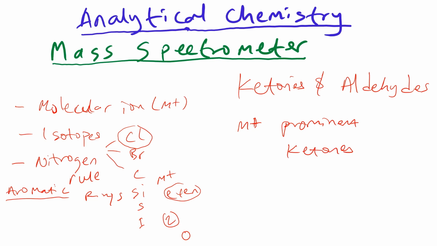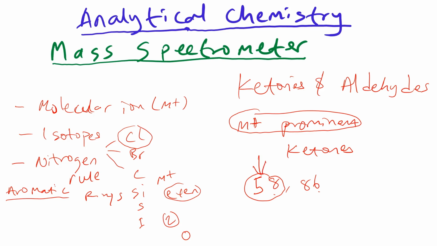They usually have a base peak or peaks at 58 and 86, but mostly the peak at 58 is a giveaway that the compound is either a ketone or an aldehyde. So: prominent M+ and peaks at 58 and 86, but mostly 58. That's for ketones and aldehydes.